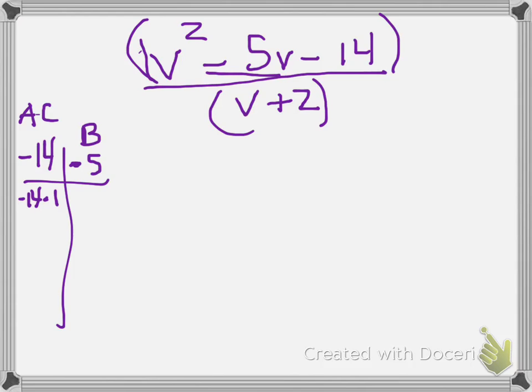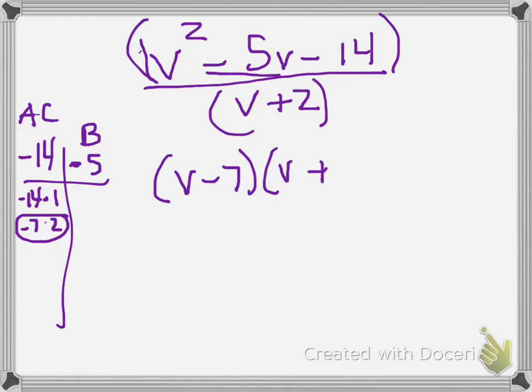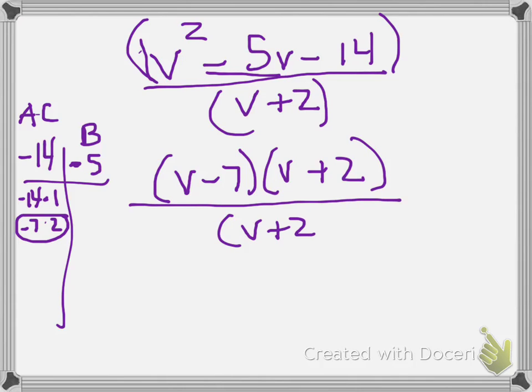So we either have negative 14 times positive 1 or negative 7 times positive 2. That's the answer right there. So because the leading coefficient is 1, that will factor to v subtract 7, v plus 2, and that goes over v plus 2.